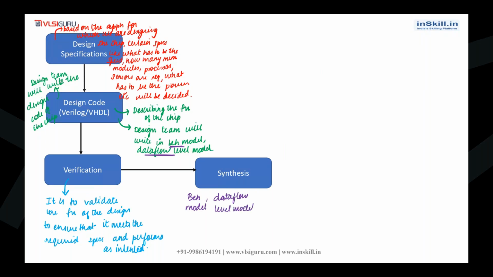So this behavioral model and data flow level model code gets converted into structural form, or a technology node specific gate level netlist. This is what happens during the synthesis stage.